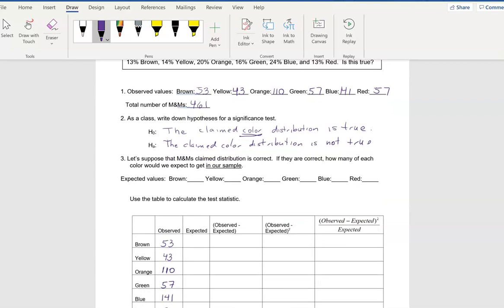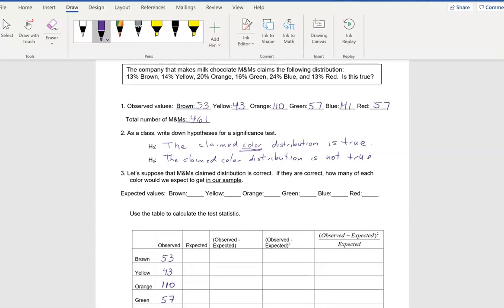The first thing we need to do is figure out how much we would expect to get based on this distribution. What you would do is take the amount in the sample and multiply it by each of these percentages.